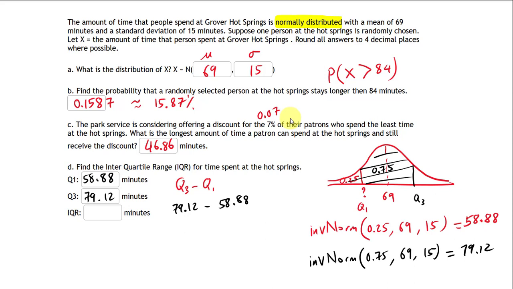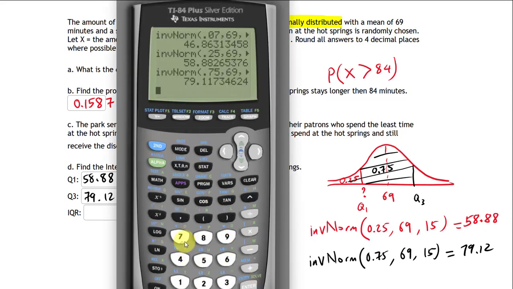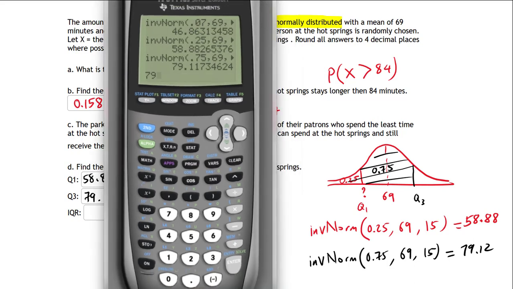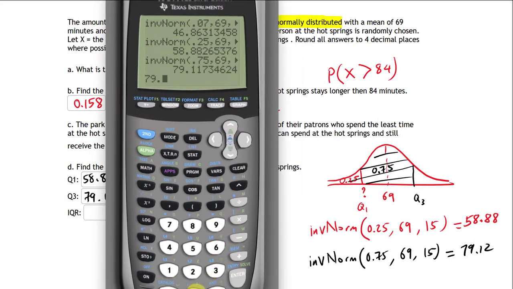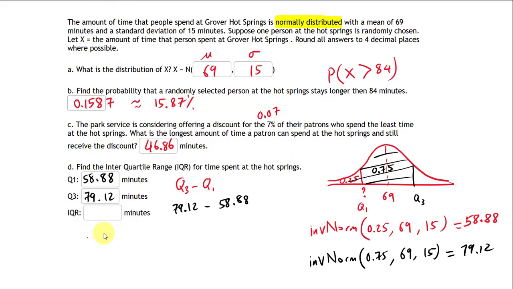Okay, and we will do the subtraction. 79.12 subtract 58.88, and that would be 20.24. Okay, so 20.24 minutes. This is the IQR of the problem.